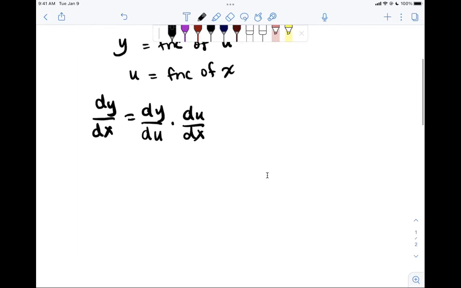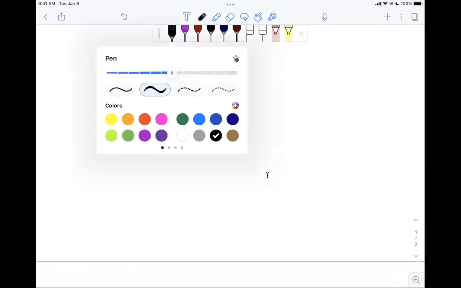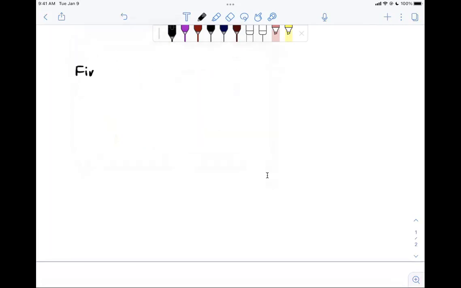Here's one problem. Find the derivative of sine 2x with respect to x. I'll just pause for a moment and see if you can figure that out.